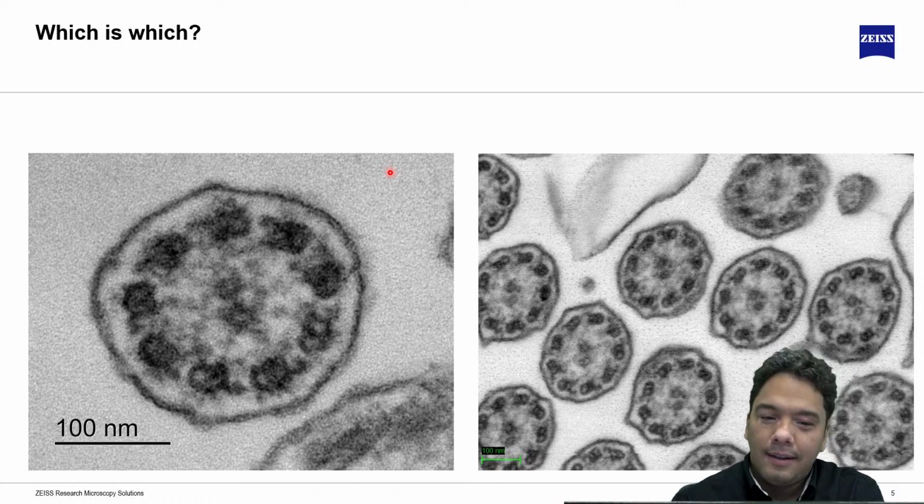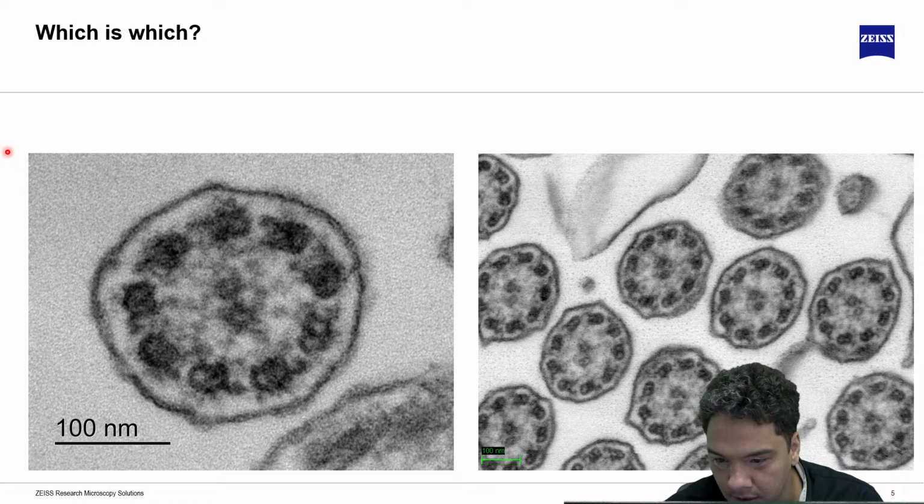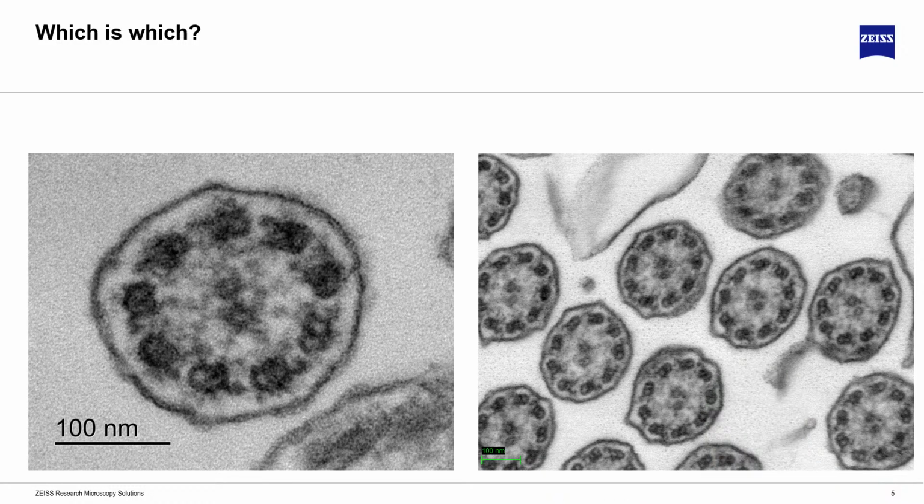Now, let me hide this because it's probably easier if I hide it. Yeah, much better. Now, for sure, one of these images is from a TEM and another one is from an SEM. Could you guess which one is which?